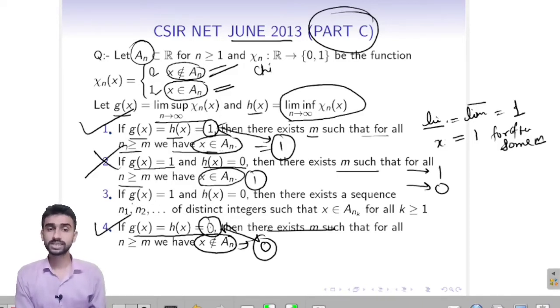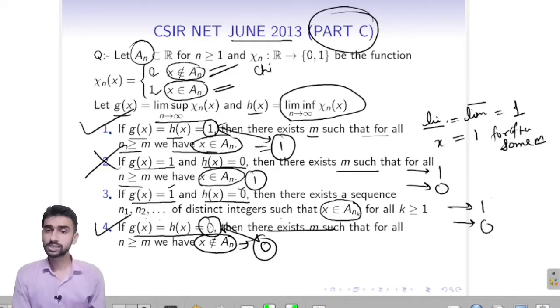Now it says if gx is 1, meaning limsup is 1, and hx is 0, meaning liminf is 0, then there exists a sequence n1, n2, ... of distinct integers such that x belongs to A_nk. As I said, if the supremum is 1 and the infimum is 0, then there will be a subsequence which converges to 1 and a subsequence which converges to 0.